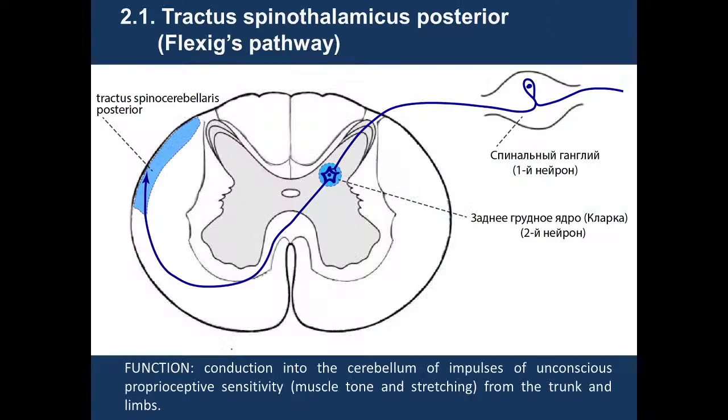We call tractus spinocerebellaris posterior, or Flechsig's pathway. It is located here and comes from the thoracic nucleus, or Clarke's nucleus. This is a special sensitivity from the muscles, tone and stretching.